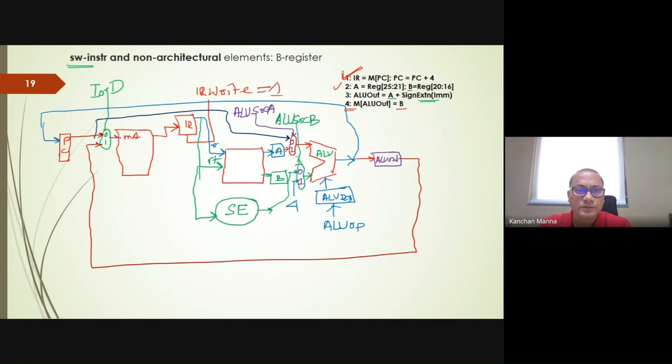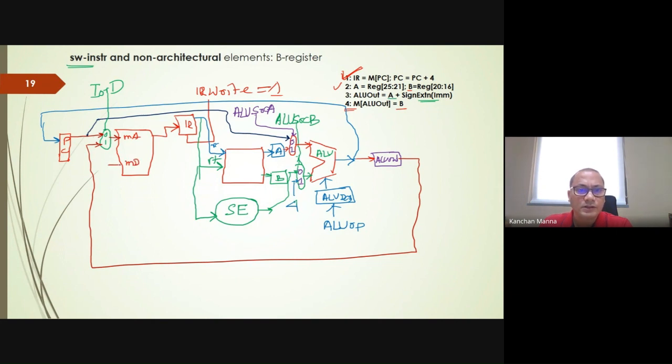Now address is available. Now we have to provide the data. Data is available here in the B, right? So let's say this is memory data.